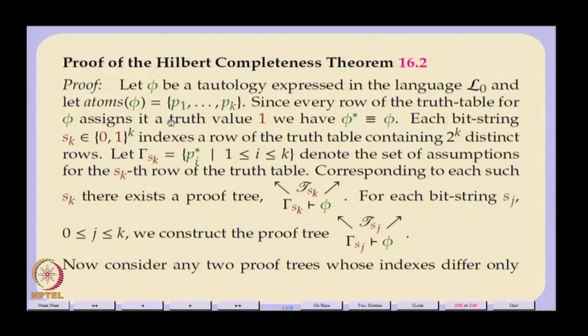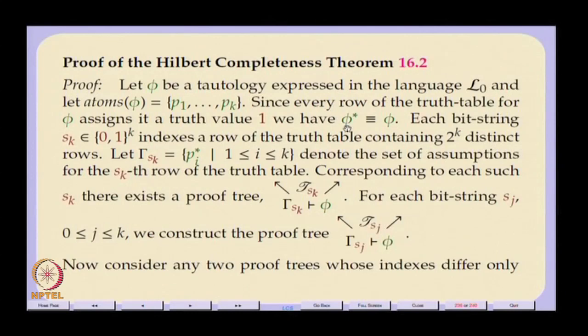So, what we do have is that every row of the truth table can be simulated by a proof, where the truth values of the atoms form the assumptions of that proof, right. So, we will encode each row of the truth table, which is standard, by a bit string.